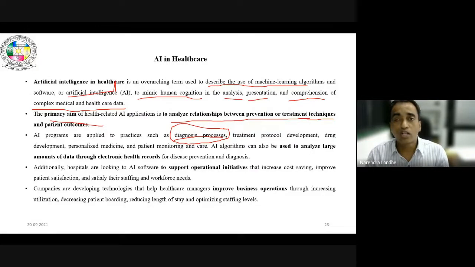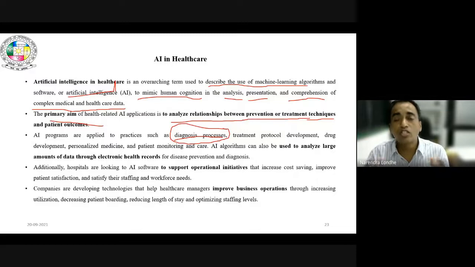Then the doctor can design a treatment, and the treatment effects can be analyzed automatically. But you can allow an error in many other things, but you cannot allow an error in the diagnosis. That is a very challenging task.